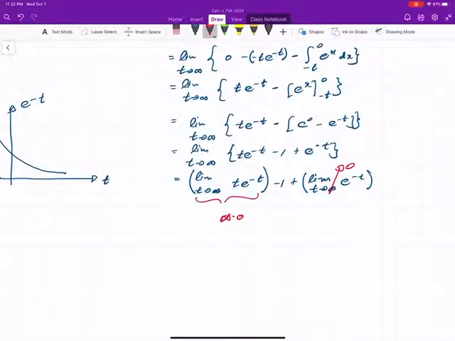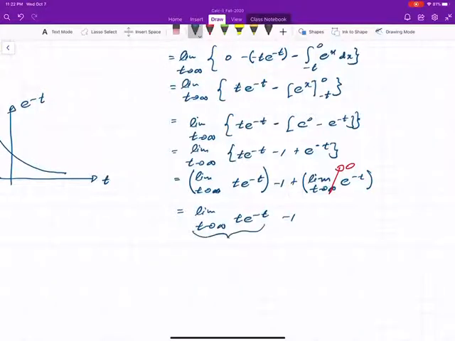Before going to L'Hopital's rule, let me polish this a little bit. So this equals the limit as t goes to infinity of t e^(-t), minus 1.